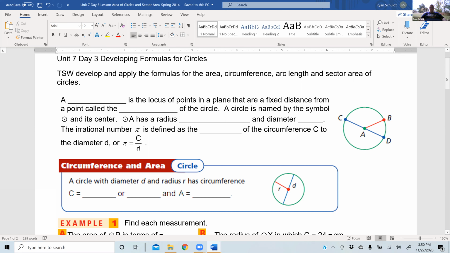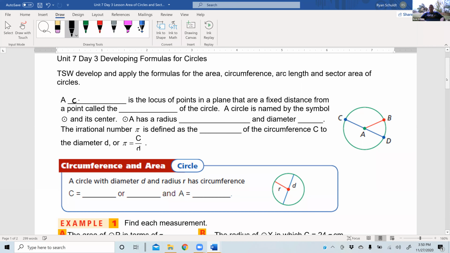Now, this definition is going to sound a little weird, but the geometric definition of a circle is a locus of points in a plane that are a fixed distance from a point, which we call the center of the circle. A circle is named by the symbol that looks like a circle with a point in the middle.